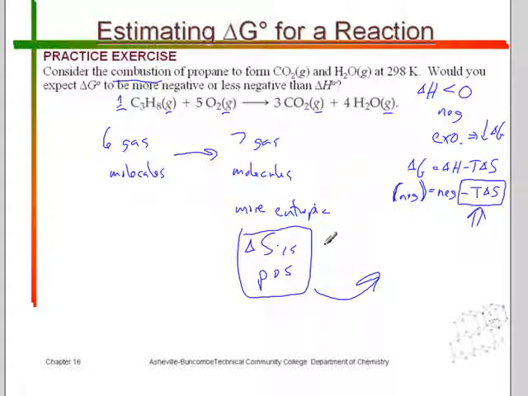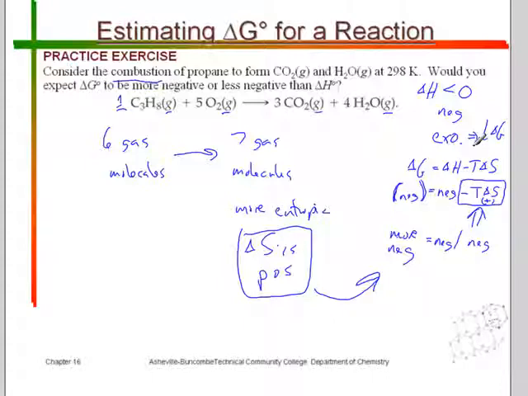If we think, okay, well, delta S is a positive value, you have a positive value here being multiplied by a negative value, well, you have a negative plus a negative. And so as a result, this is even more negative than what we started out with, the enthalpy change.